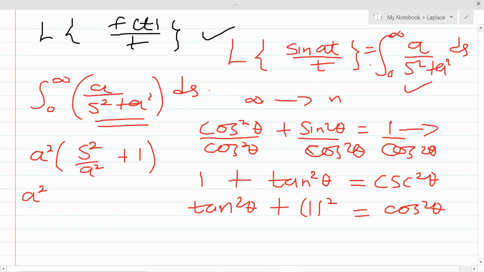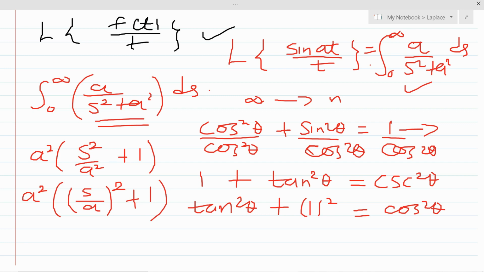Then we have s over a, from indices this can happen, plus 1. So this is what we've gotten. Comparing this one and the tan, you could see that there's s over a squared here, plus 1 all squared.